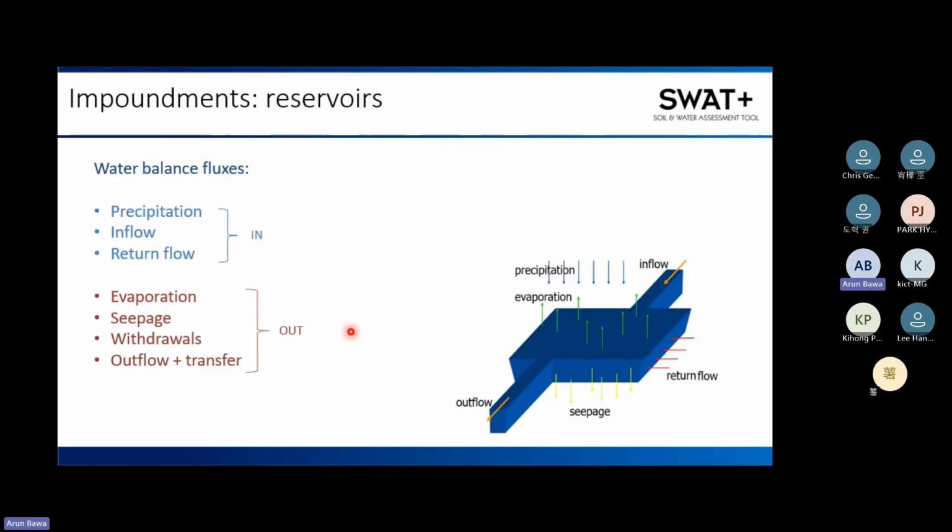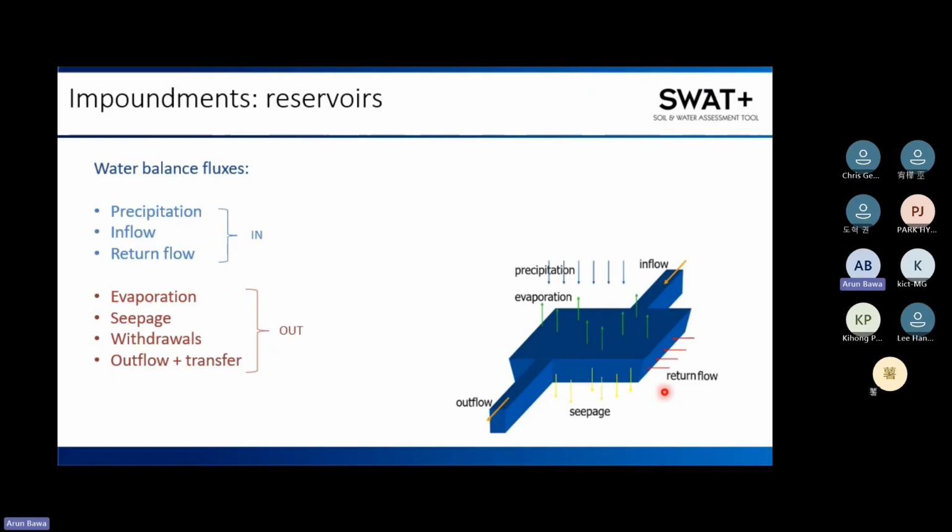For example, a reservoir is again a well mixed system, so we don't have layers, but you can control the reservoirs in many ways. If I define a reservoir, it is a big water structure on your water channel, and that will have multiple inflows. The water is controlled, and then it has an outflow.